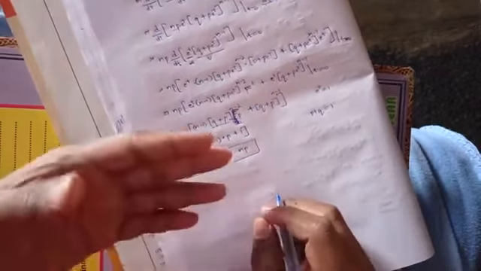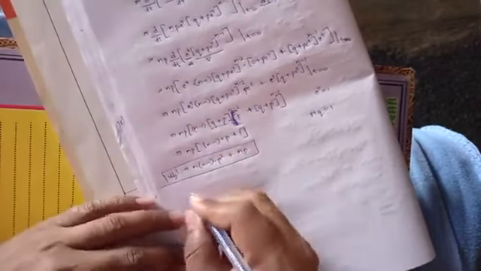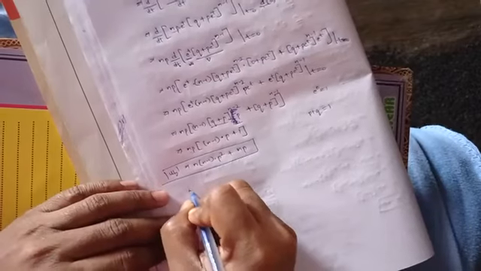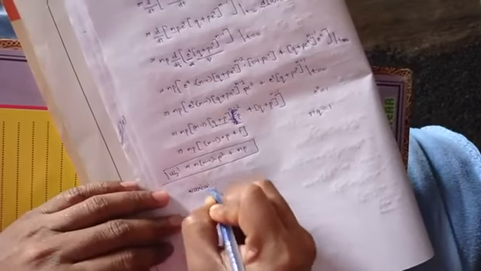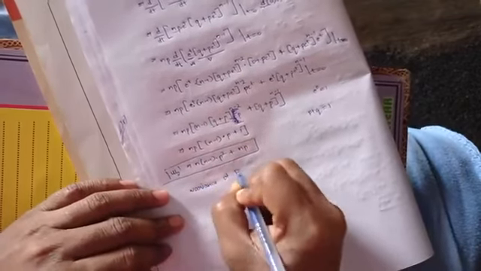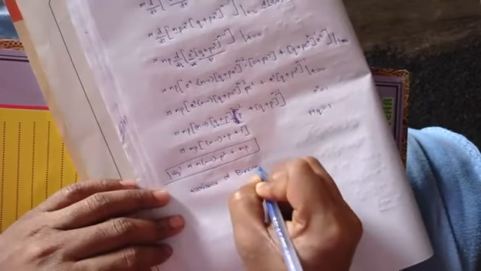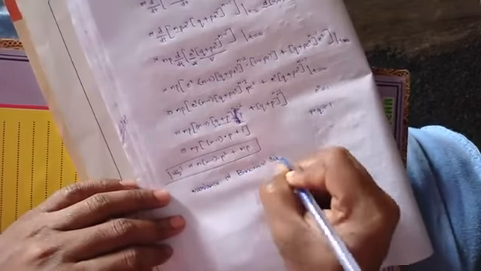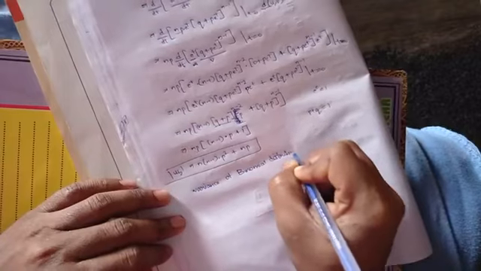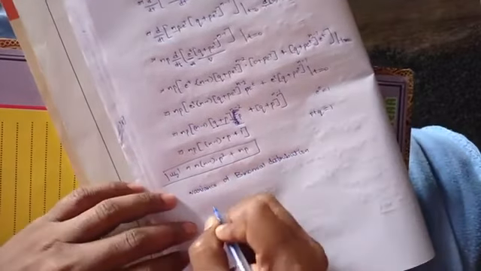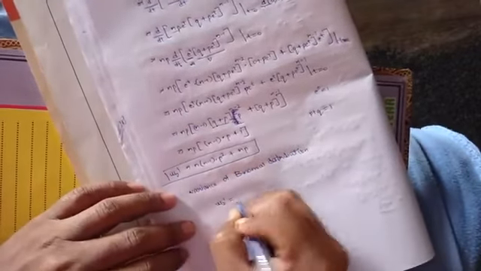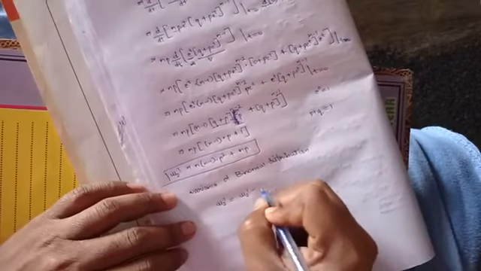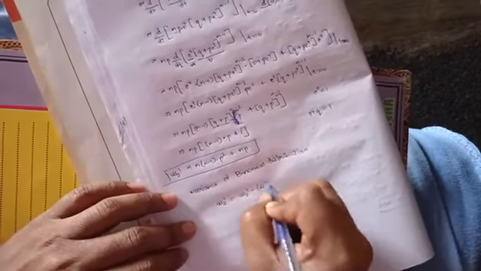So what is the formula for variance? Variance of binomial distribution will be mu2 dash minus mu1 dash whole square.